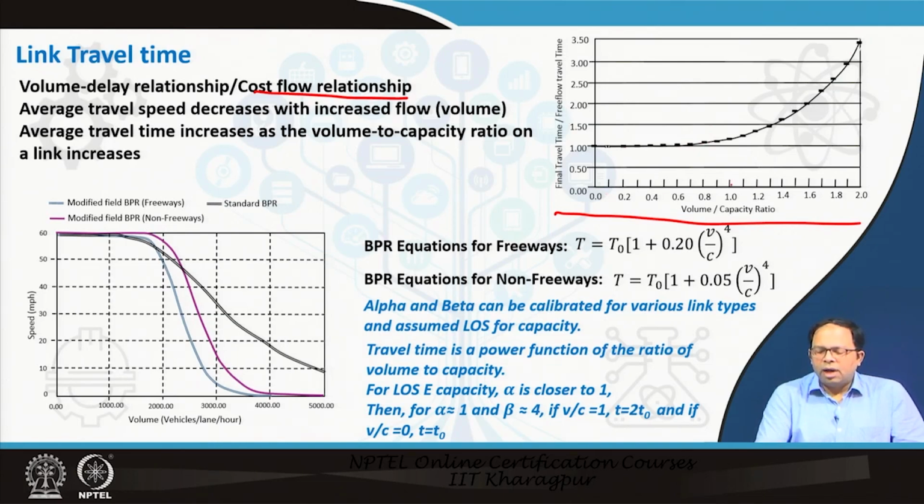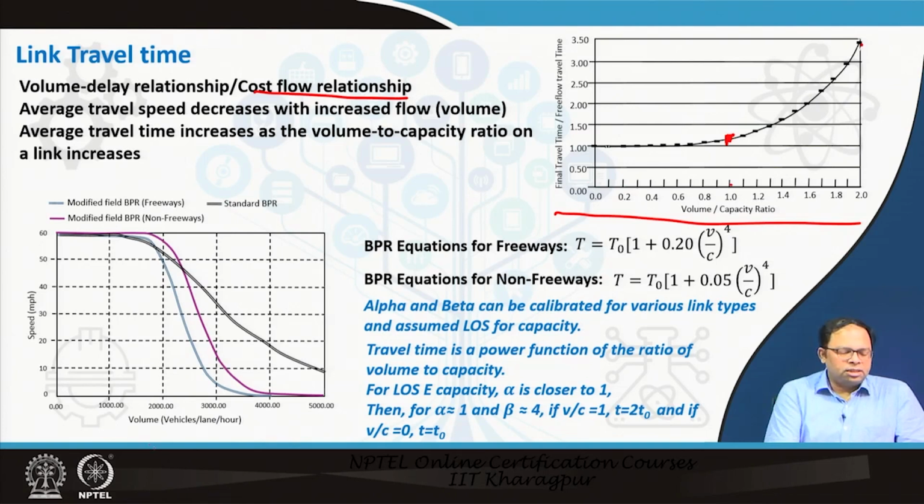When the ratio is 1, that is, when volume is equal to capacity, we find the final travel time divided by free flow time is a little bit above 1. And when it is 2, we can see that the final travel time is almost 3 times the actual free flow travel time. So that is what this graph shows.